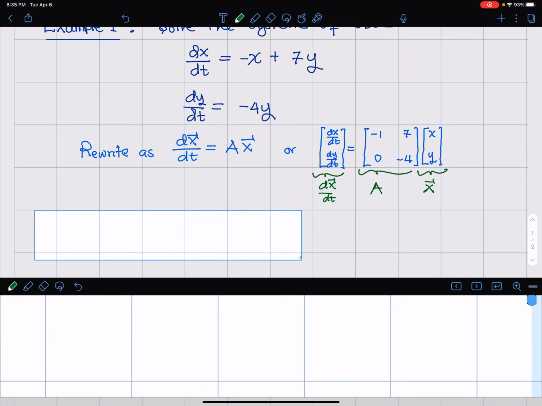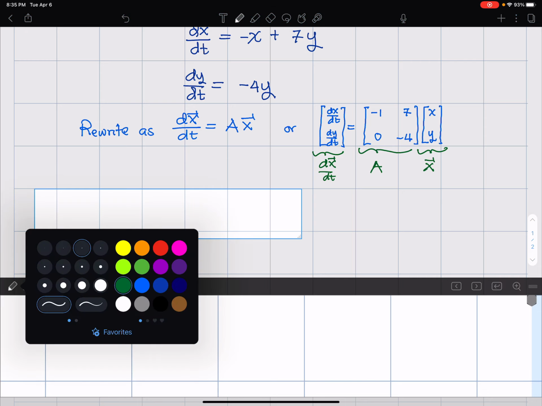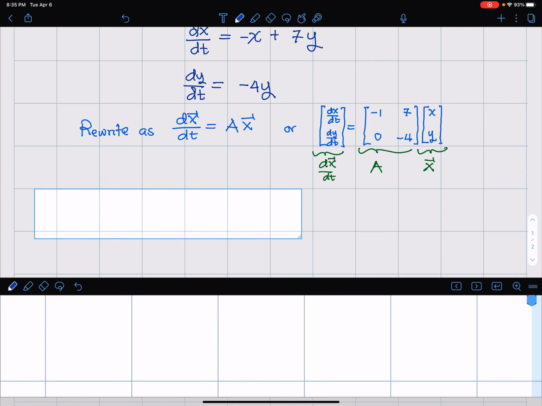What we're going to do is go step by step. This video is just going to focus on the method of solving it, and we're going to try to avoid as many details of the theory as possible for the sake of time.